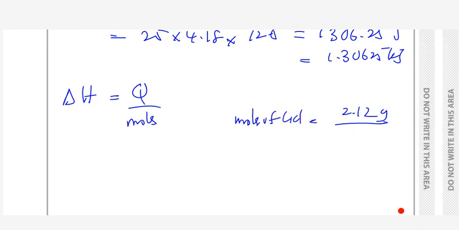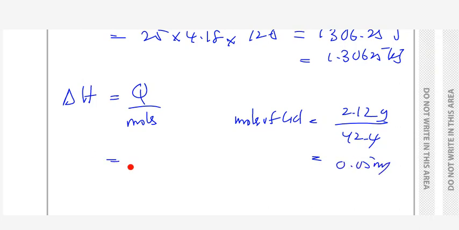Lithium is 6.9 and chlorine is 35.5, so this is 42.4. So 2.12 divided by 42.4 is 0.05.